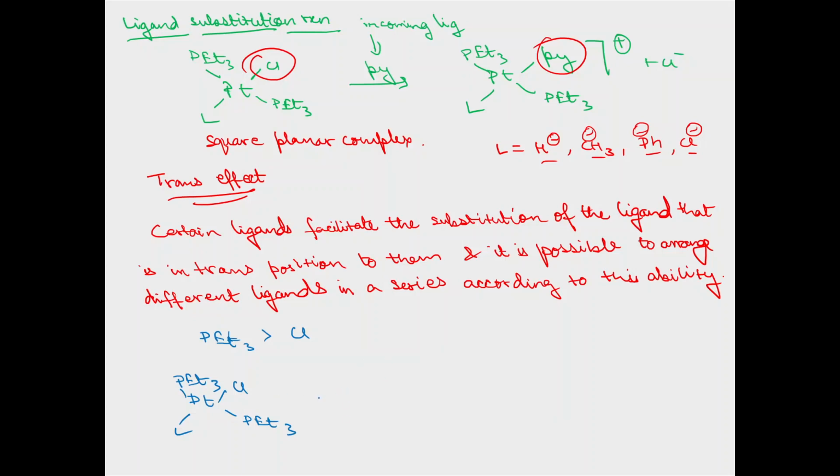Okay, so what happens will be, pyridine is there. So if this ligand L is H, let's say it is H in this case, since H is a better trans-directing group, platinum H PEt3 PEt3 and the Cl will leave.